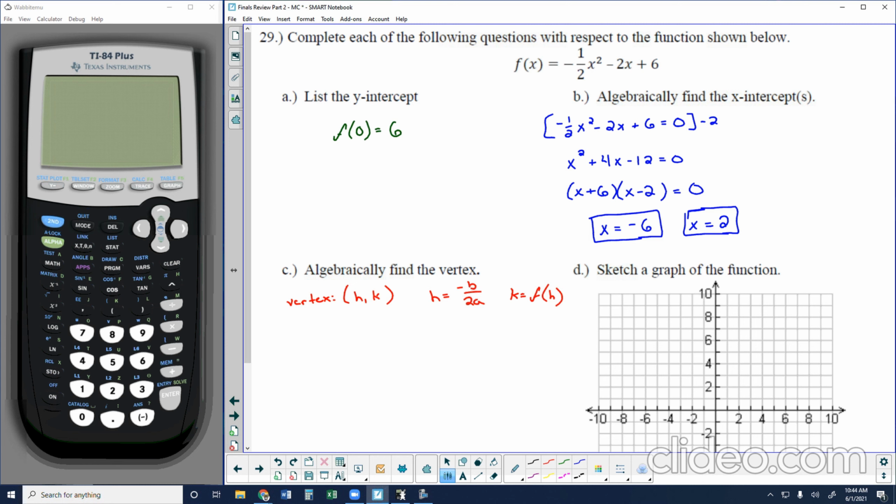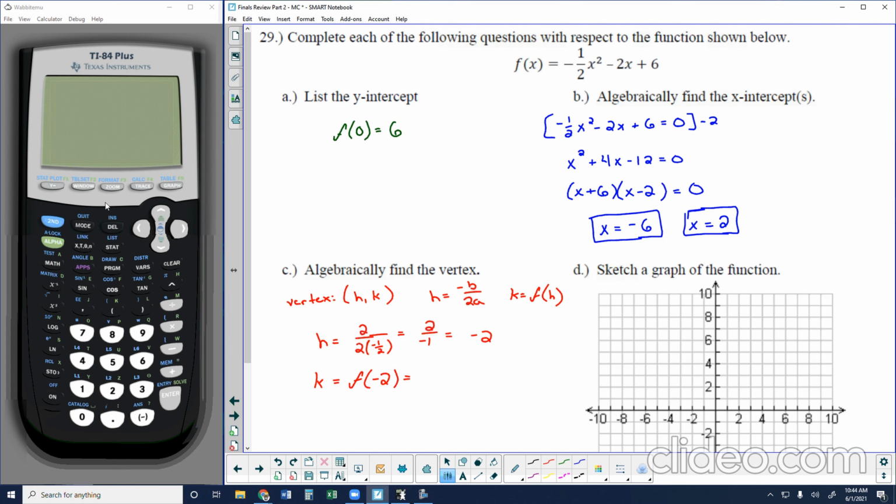So what I could do here, if I want to find the vertex, I could do negative b, and I'm going to go back to the original value of my equation here. Negative b would be a negative 2, so positive 2, over 2 times a would be negative 1/2. So 2 times negative 1/2. So this would be 2 over negative 1, which is negative 2. Then k would be to find f of h, or f of negative 2.